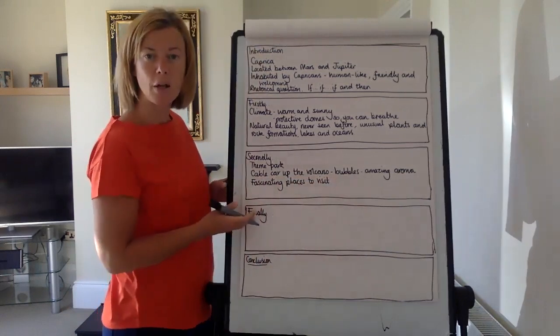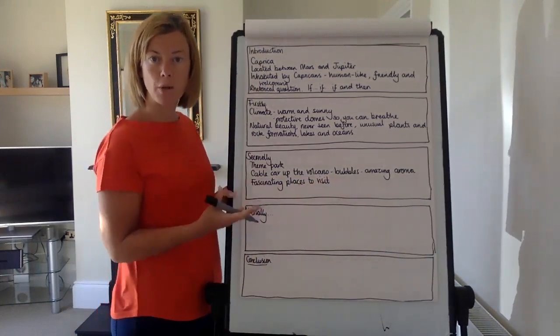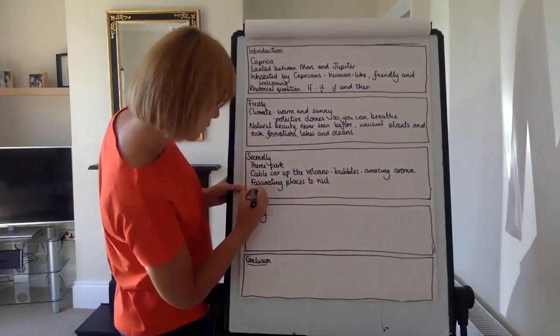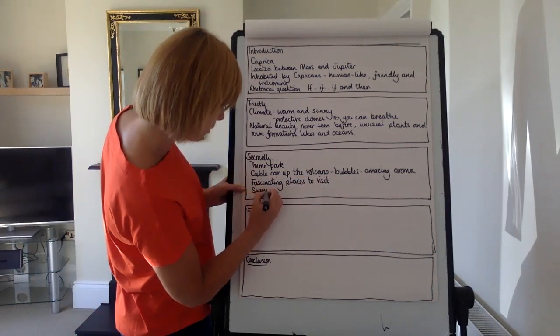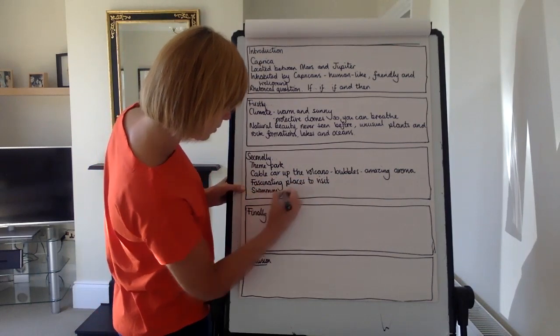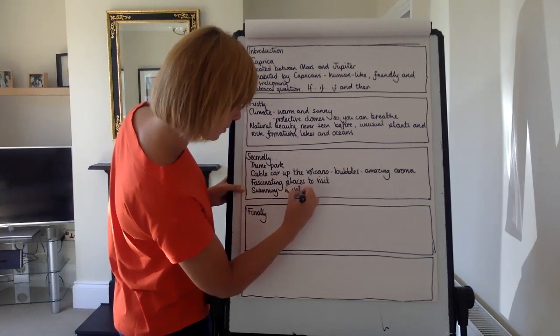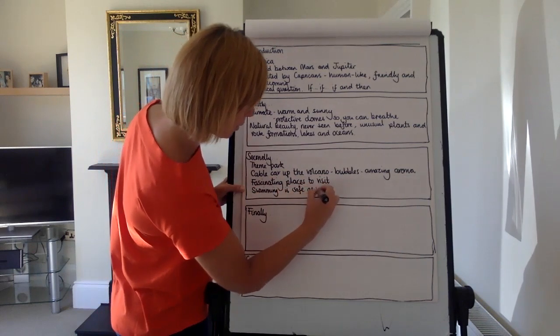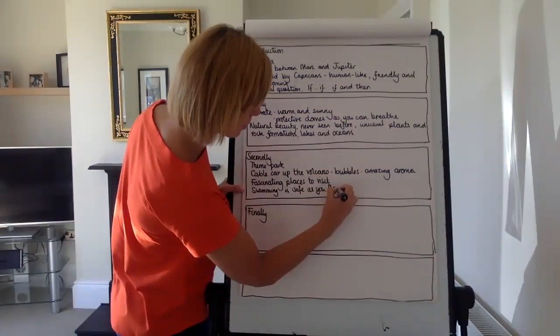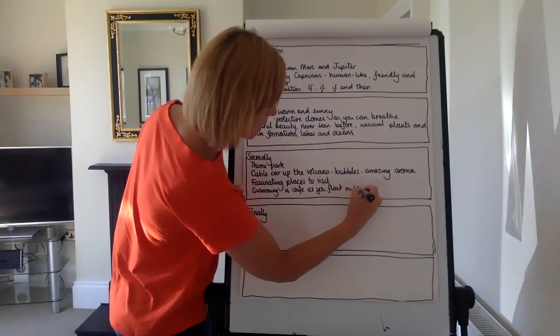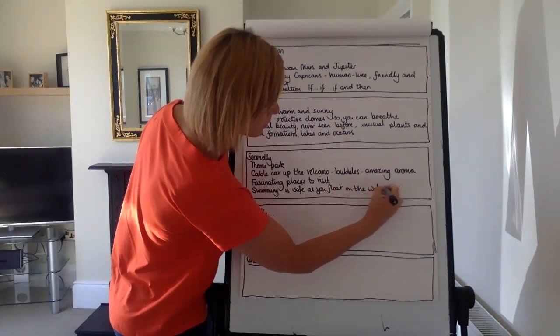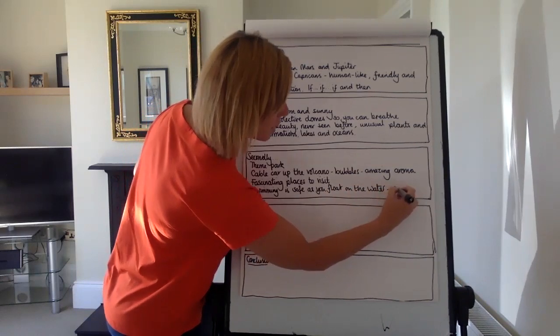Maybe the seas and oceans, you're able to float in them really easily. So swimming is safe, as you float on the water easily. Perhaps you could go water skiing.